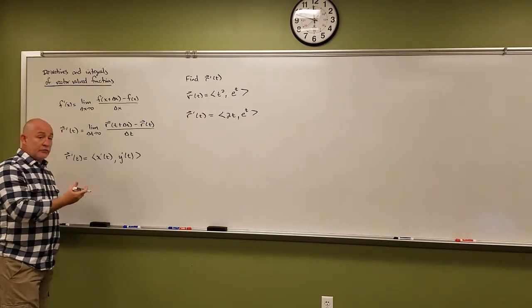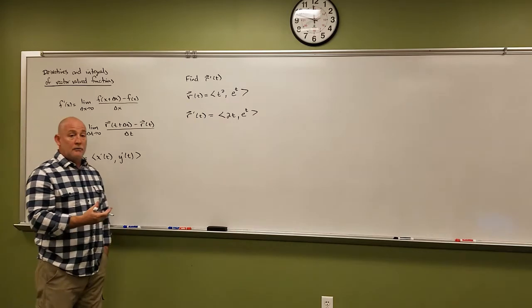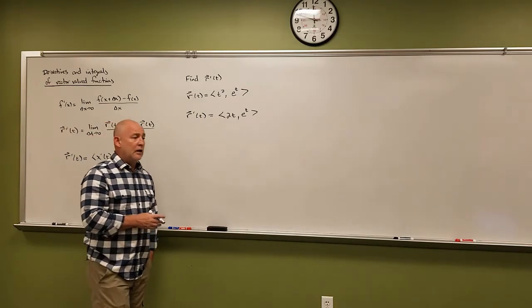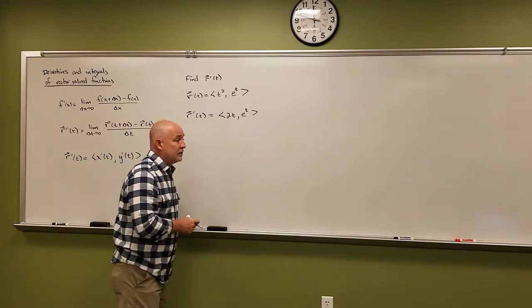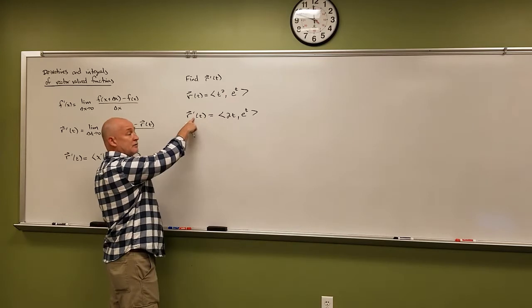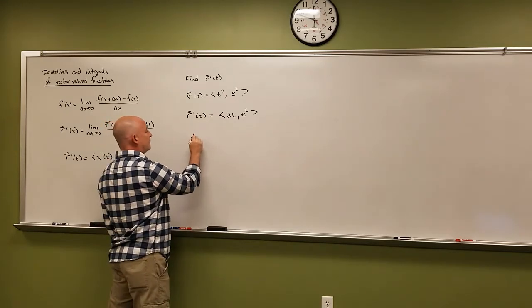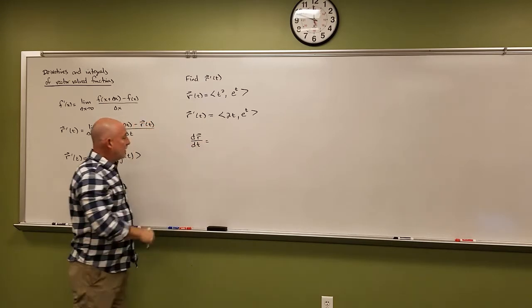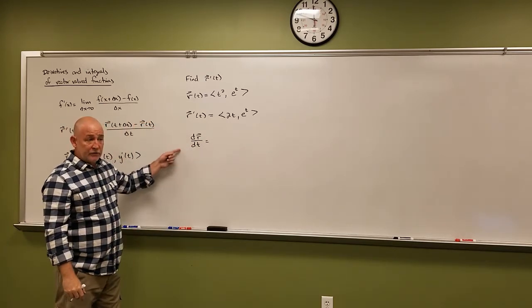Now, since it is a derivative, it does go by pretty much all the same rules a derivative does. I believe the author, Larson here, is going to introduce a notation that you may not have seen for the derivative. We've seen the prime notation for a derivative, and you've also seen a differential notation for a derivative.